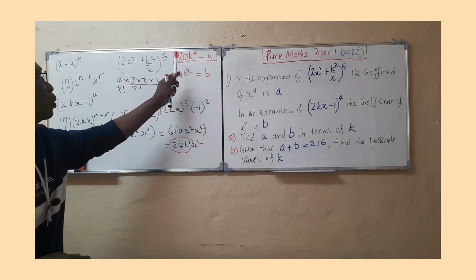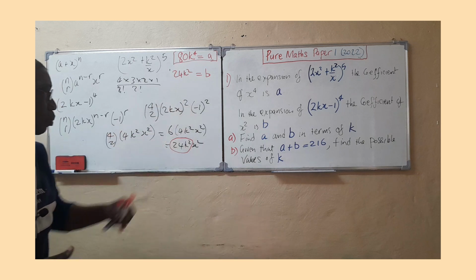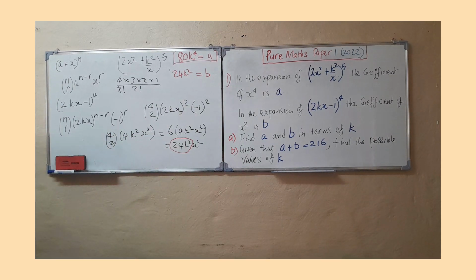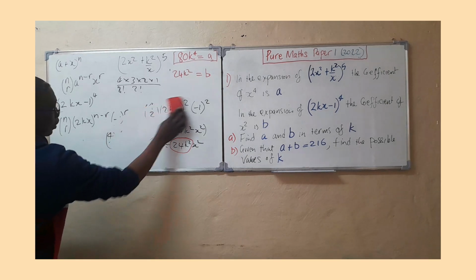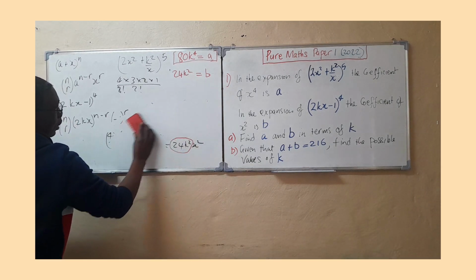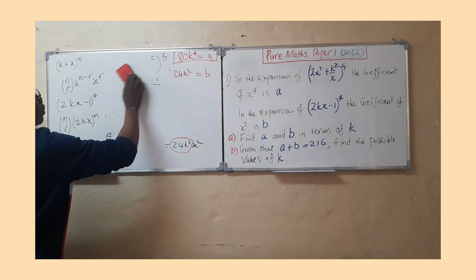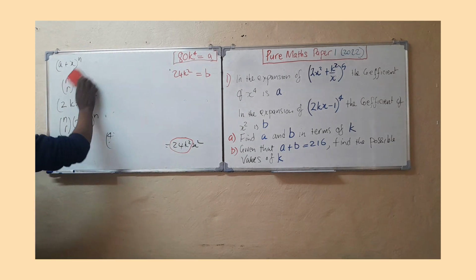A is equal to that, b is equal to that. It goes on to say, given that a plus b is equal to 216, find the possible values of k.